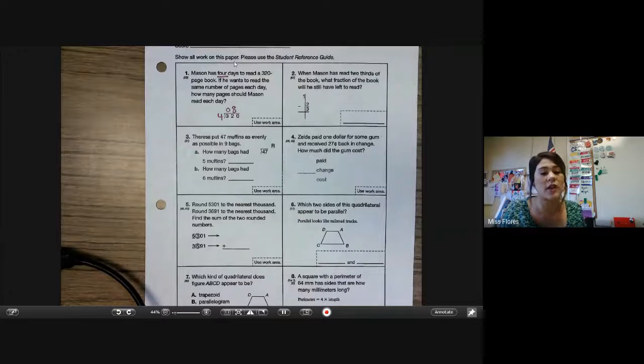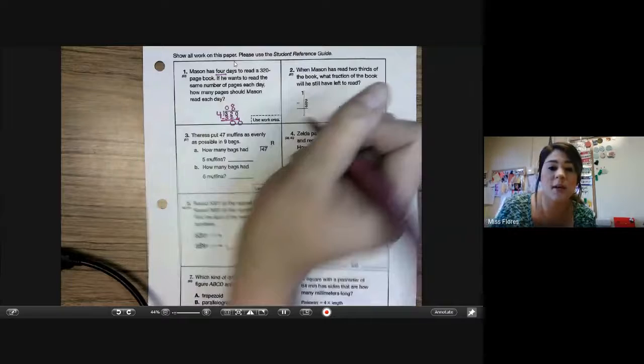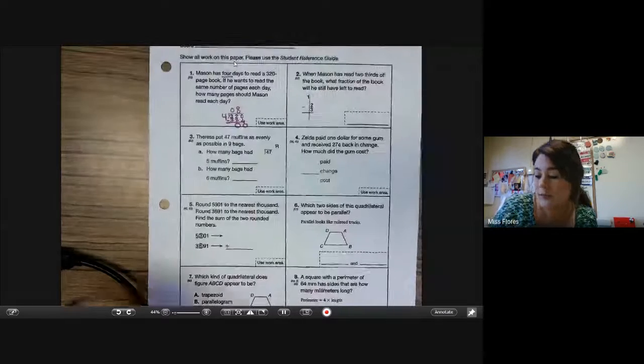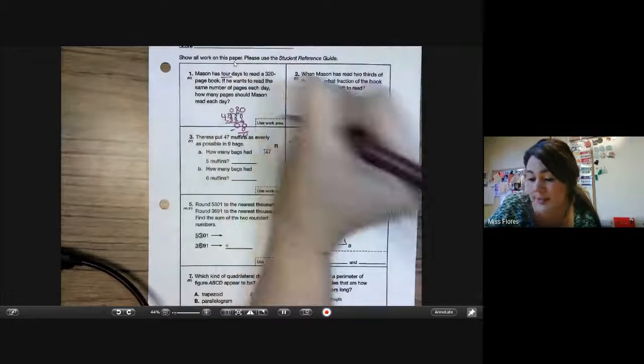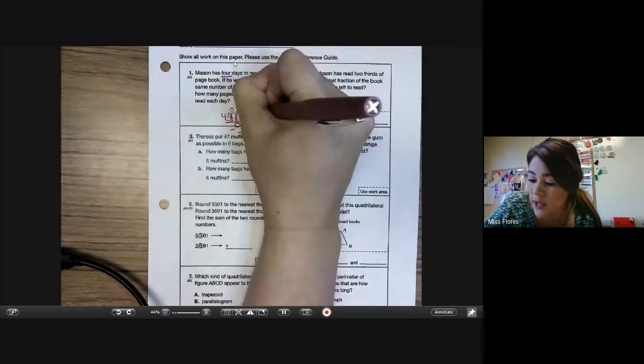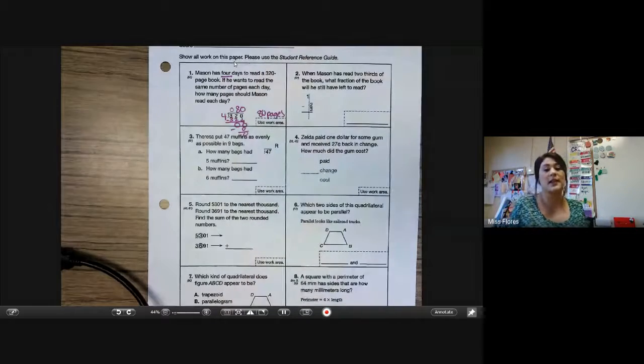All right, so let's check it. 8, 16, 24, 32. So now we subtract. 32 minus 32 is 0. Bring down the 0. 4 goes into 0, 0 times. And we are done. So he would need to read 80 pages a day in order to get his book done.